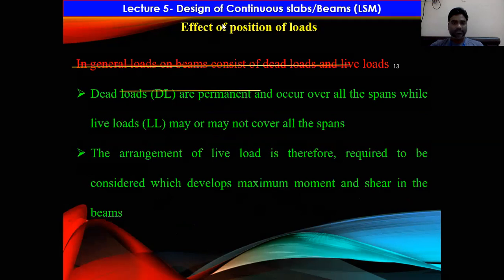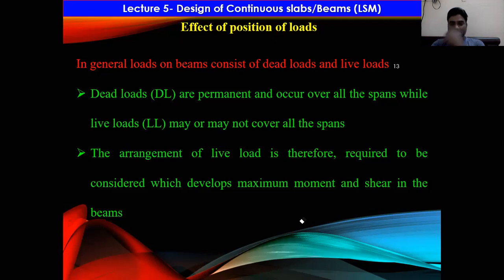Now coming to the general loads on a beam, they consist of dead loads and live loads, right? So dead loads are permanent loads and occur over the whole span, over the whole lifespan of the member. And live loads sometimes may occur, sometimes may not occur, right?